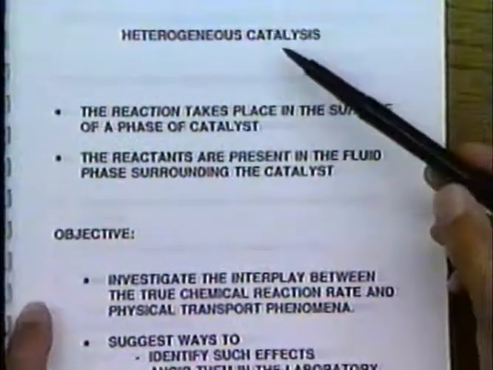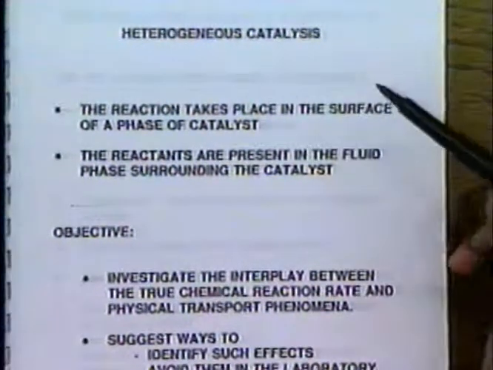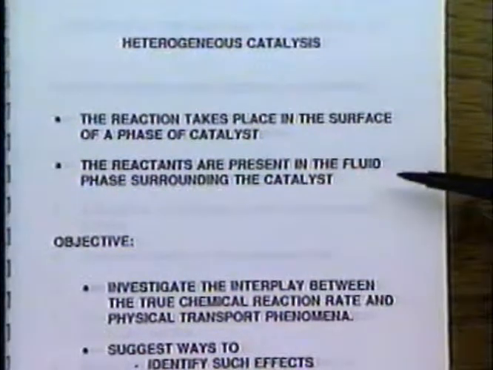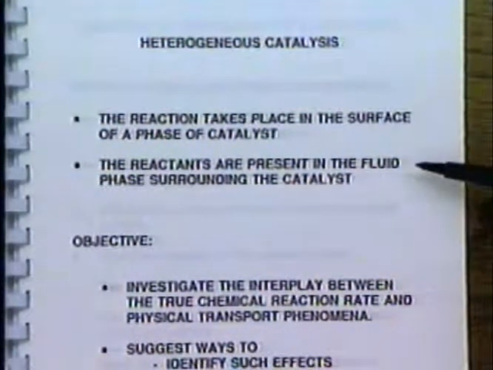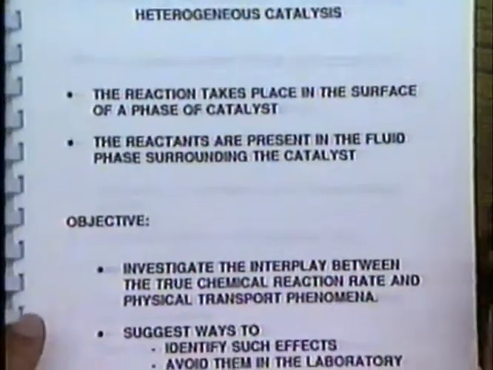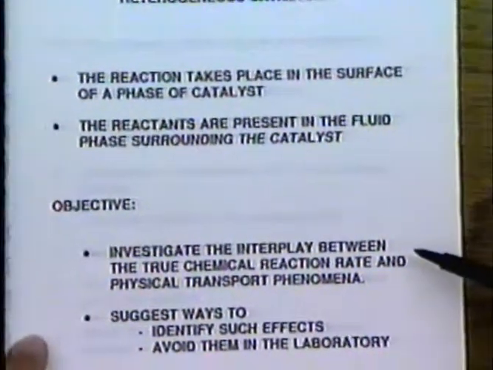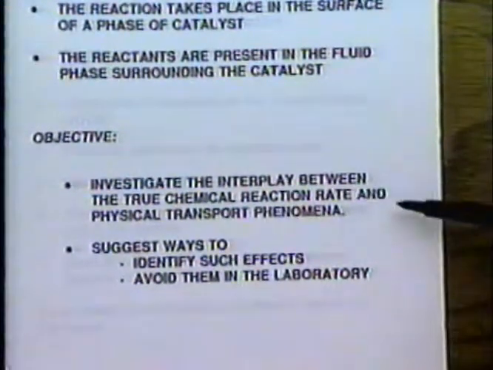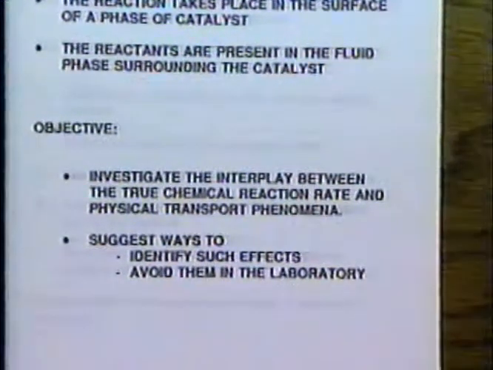Again, in the case of heterogeneous catalysis, the reaction takes place on the surface of a catalyst, and these reactants are present in the fluid phase surrounding the catalyst. Our objective today will be to investigate the interplay between the true chemical reaction rate and physical transport phenomena.